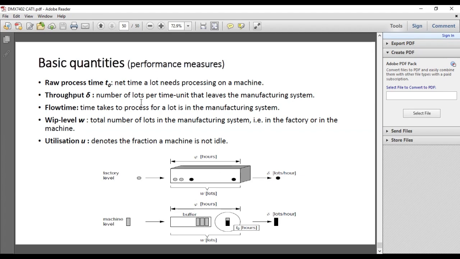Process time is the time needed to process in a machine, or maybe the whole factory or whole system.